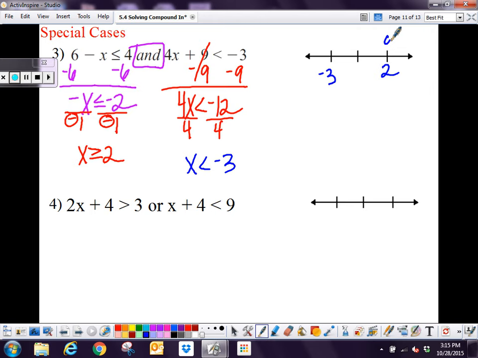I have everything greater than 2, and I also have everything greater than -3. Now since we're talking about an and, we're looking for where these overlap. The only place, if you put these on top of each other, the only place they overlap is everything greater than 2. So that orange line is my final answer.